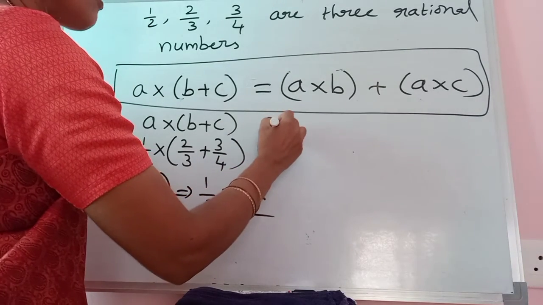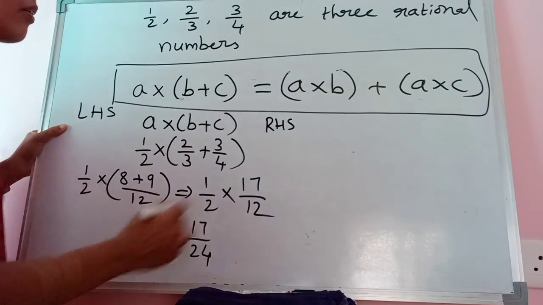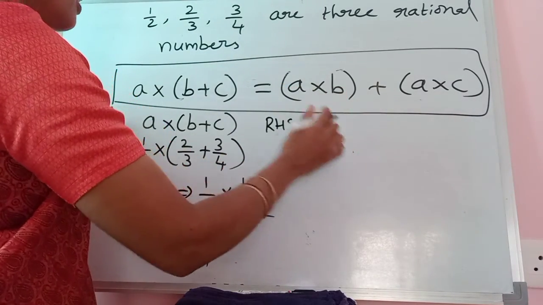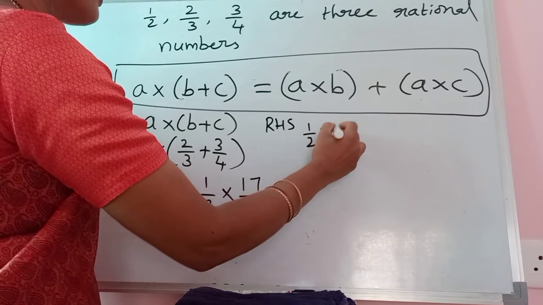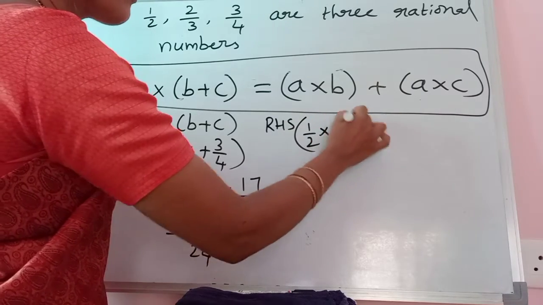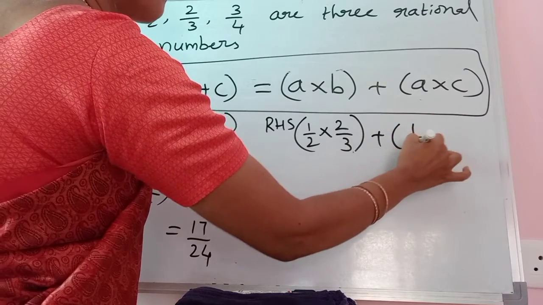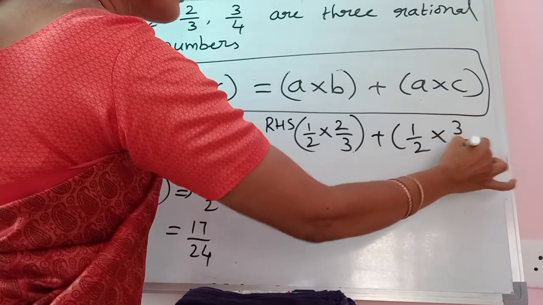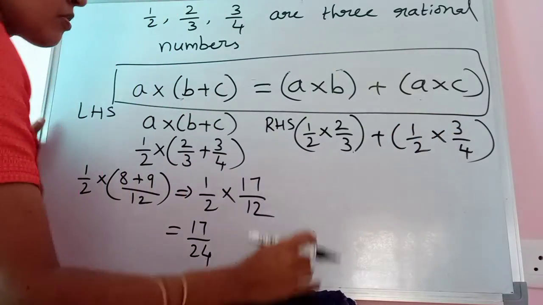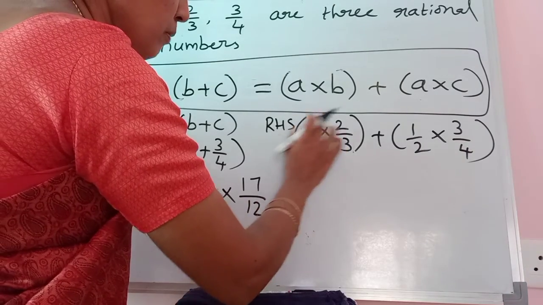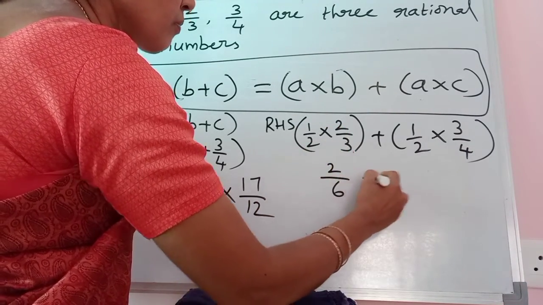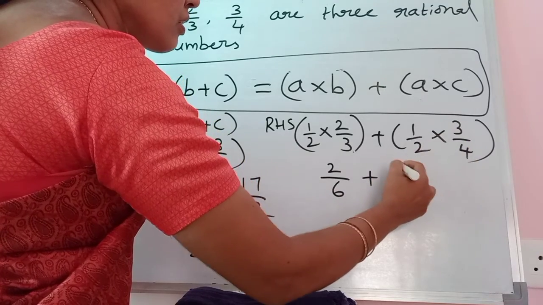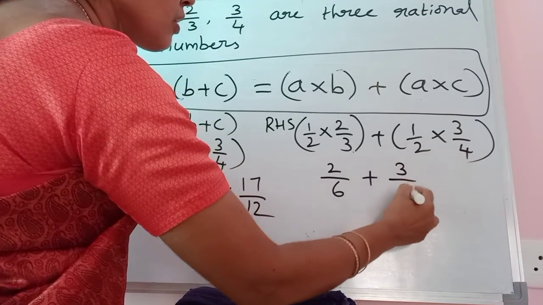Now we see what the right hand side value is. A into B, here A is 1 by 2. 1 by 2 into 2 by 3 plus 1 by 2 into 3 by 4. First simplifying the first bracket, multiplying numerators, 1 2 the 2, and 2 3 the 6, plus again 1 3 the 3, 2 4 the 8.